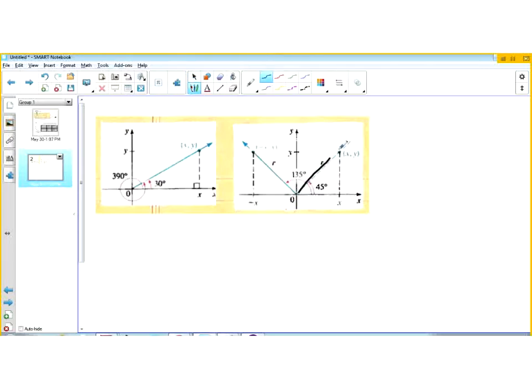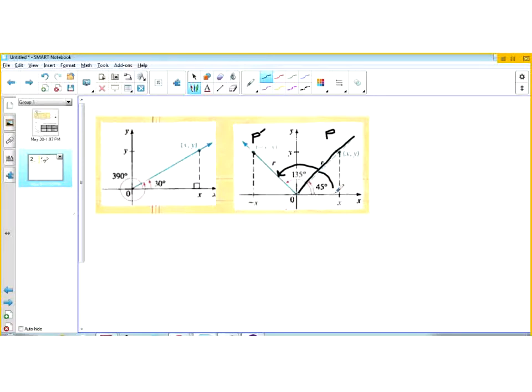So we take this ray, and if we wanted to reflect this ray about the y-axis, we just rotate it 90 degrees this way, and we'll have a reflection of these points. So P and P prime. P prime is the reflection of P about the y-axis, and that's accomplished by rotating P 90 degrees. And the angle for P prime, of course, is 135 degrees as shown.